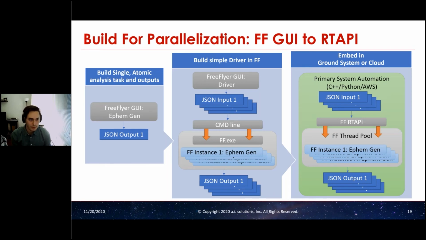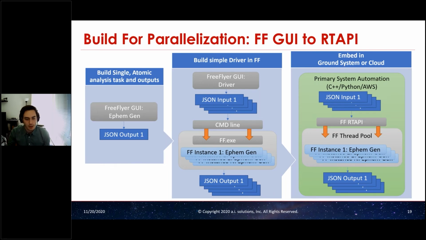So it's still going to be FreeFlyer GUI driven, but you're going to be able to use multiple JSON data sets using a driver such as a batch file. And then through FreeFlyer, you're going to be able to call the ff.exe engine to run those multiple JSON data sets in parallel, all within FreeFlyer itself.